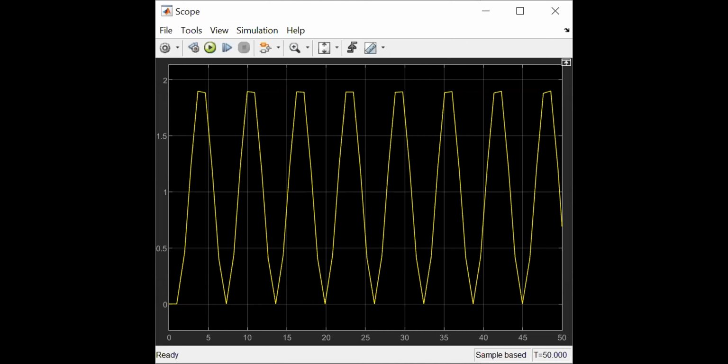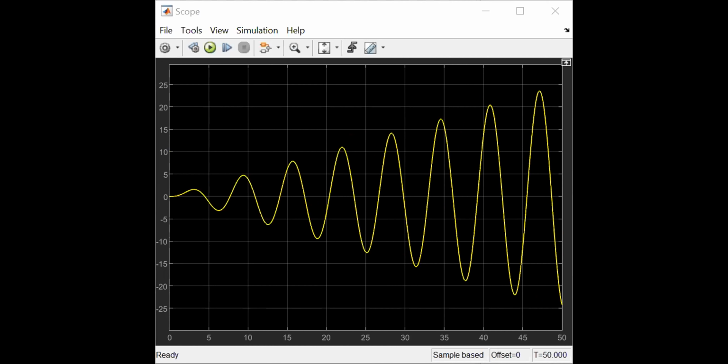Now, the question is, why is this system response growing? And I want to give you a very familiar example. Imagine you do your laundry and then you put your clothes in a dryer. After washing, when the washer is done, you take your clothes out and put them in the dryer. But when it is in the washer, during its spin cycle, the tub starts rotating at different speeds.